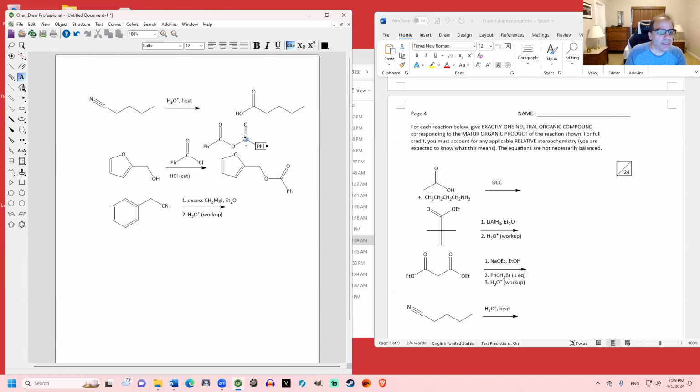So acid anhydrides and acid chlorides have very similar reactivity. Acid chlorides are a little bit more reactive than acid anhydrides.